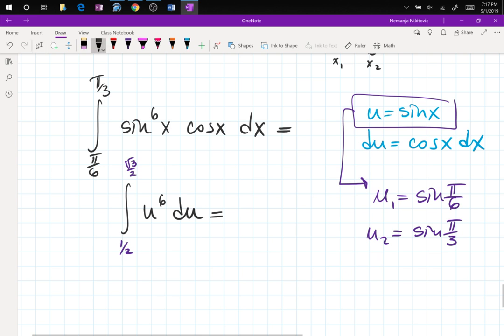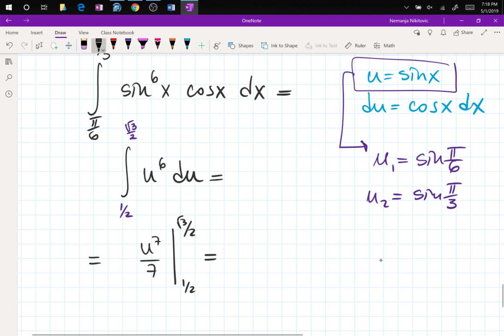So now, when we integrate, we get u to the 7 over 7, calculated from 1/2 to root 3 over 2. Do we go back to x? No. Our function is in terms of u, our limits are in terms of u, we just compute.